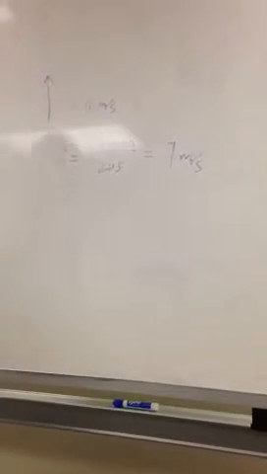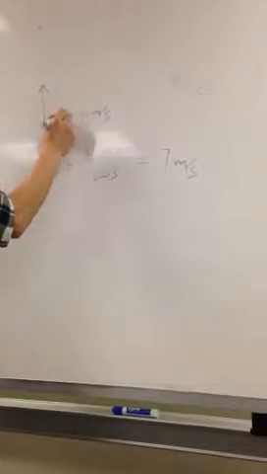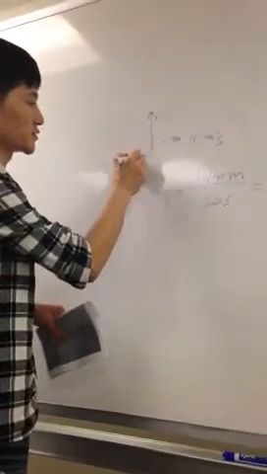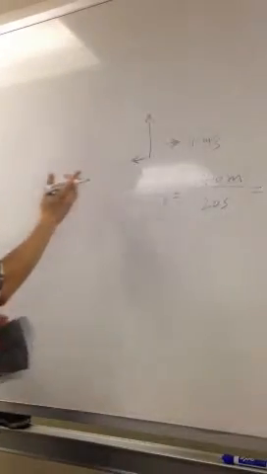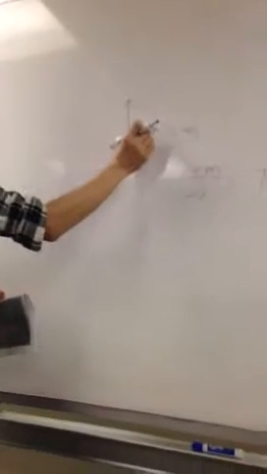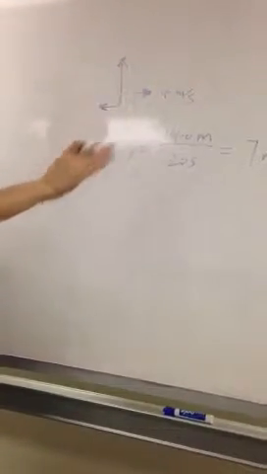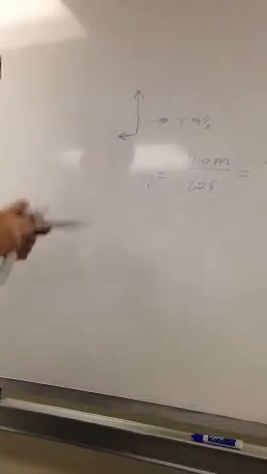But there is a velocity of the river. So you need to have a velocity along the x-axis to cancel out the water velocity.